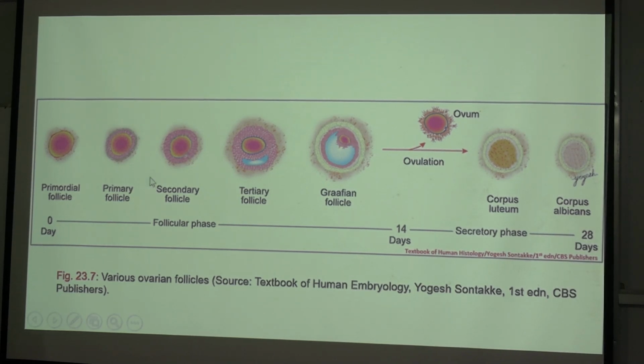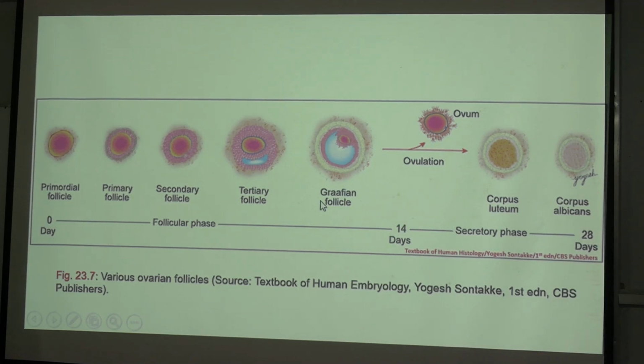Now, during these phases, we are going to identify different phases of the ovarian follicle. We have two specimens which are nicely visible. We have one Graafian follicle, and we can also see a couple of primary and secondary follicles.